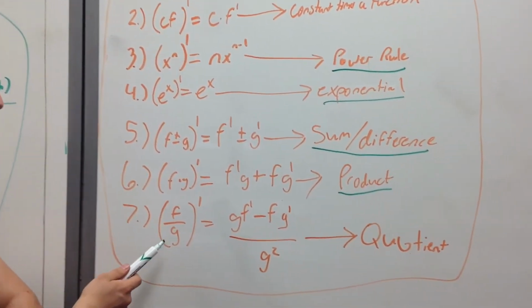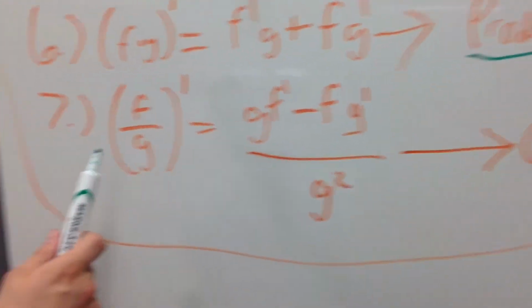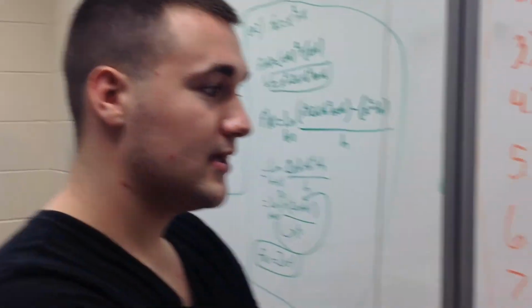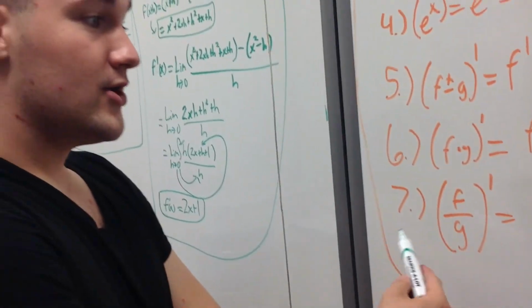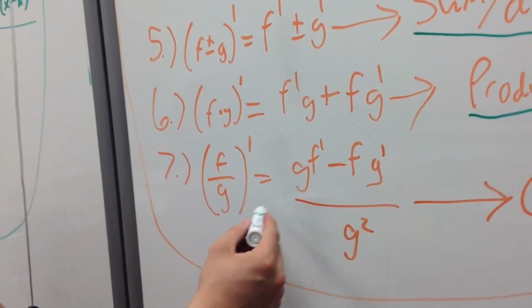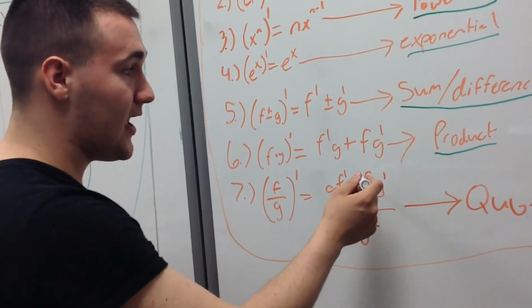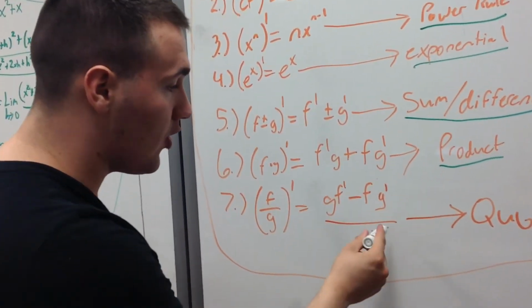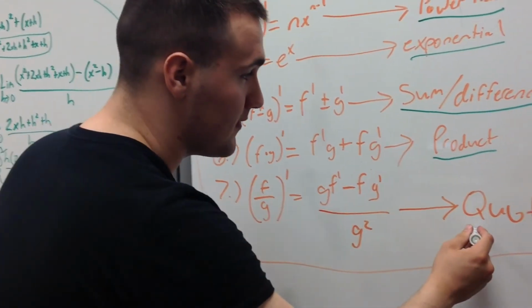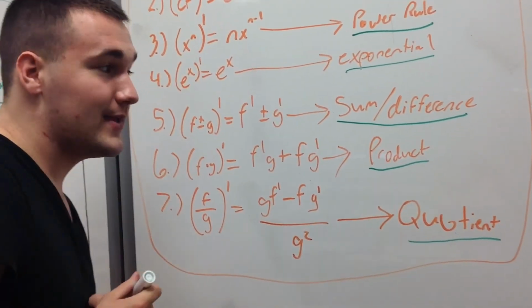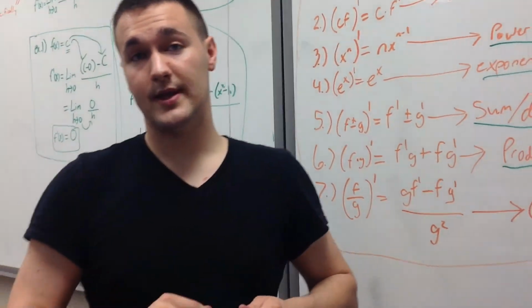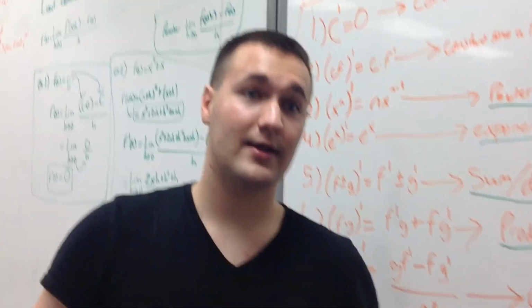And if you have a rational function, which is just a function divided by a function, you take the prime of that using low d high: g f prime minus f g prime, all over g squared. This is known as the quotient rule. These rules and these limit definitions really help you out in calculus, and I would very highly recommend you study.